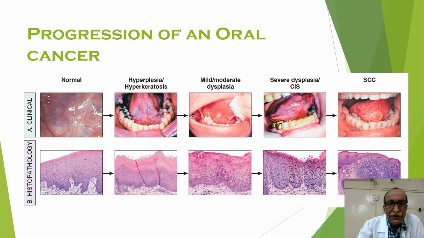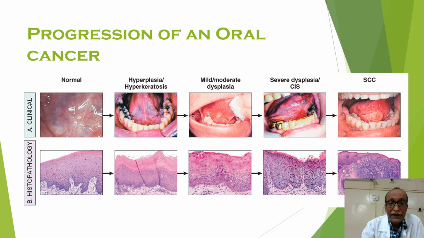So this cancerous process, which is starting in the surface epithelium, is it immediate? No. It takes years together for a normal epithelium to get converted into cancer. In this slide, this is the histopathological section of the clinical conditions depicted in the upper panel.